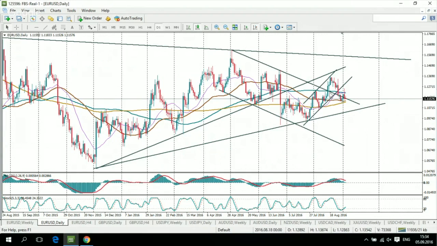Here the pair doesn't show strong momentum. We have the swings, but generally the fundamental pricing of the euro dollar is somewhere in this range, and in my opinion it is a rather fair pricing, taking into account the lack of further monetary tightening and rate hikes in the United States, and on the other hand, the loose monetary policy of the European Central Bank, but not too loose maybe.